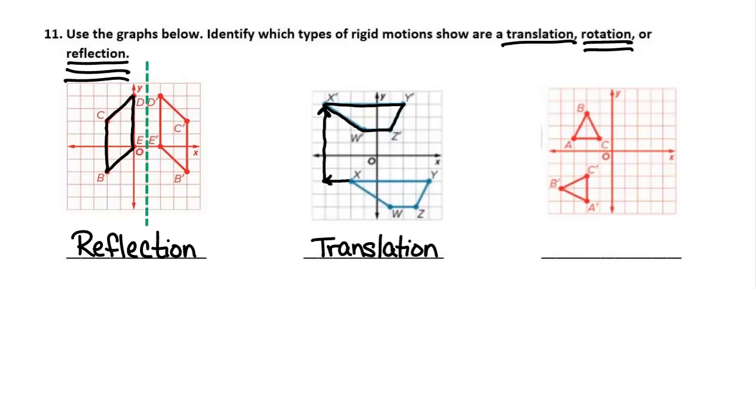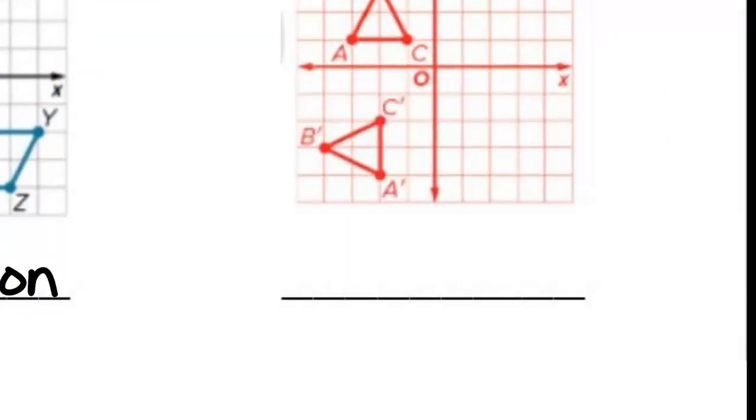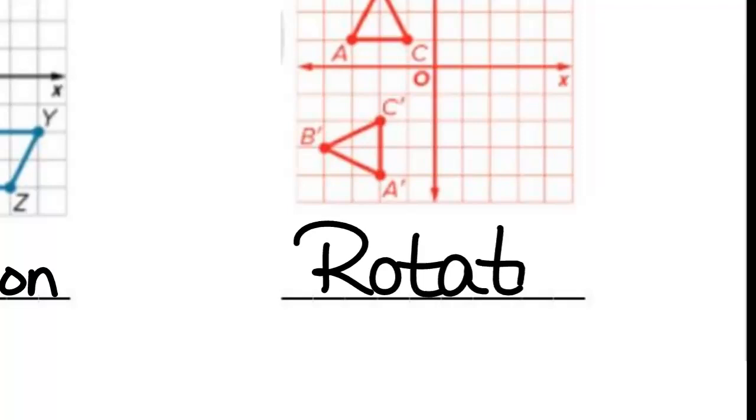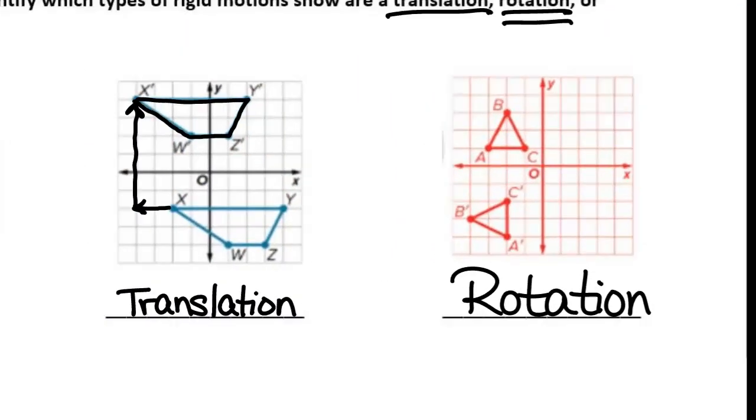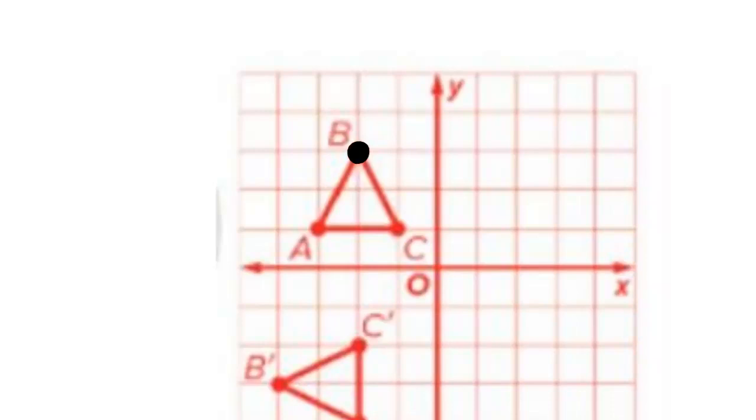All right, process of elimination tells me this last one would have to be what? Rotation. Let's look at it. So I'm going to trace over my triangle ABC. B is up here at the top. A is in the lower left.